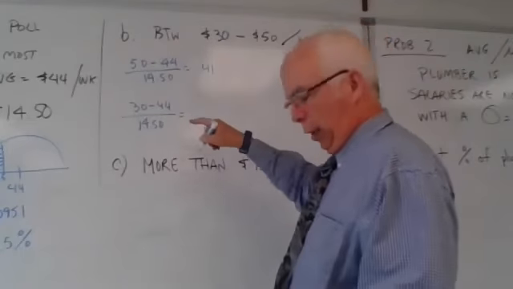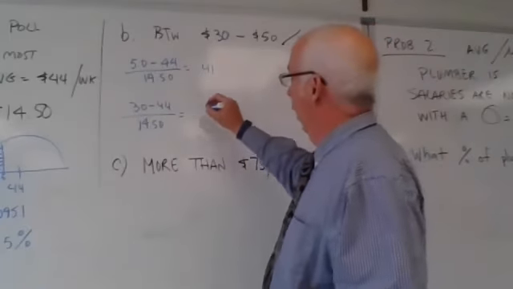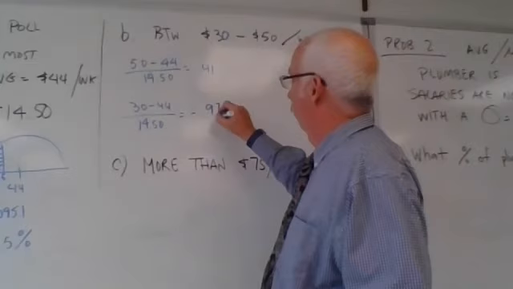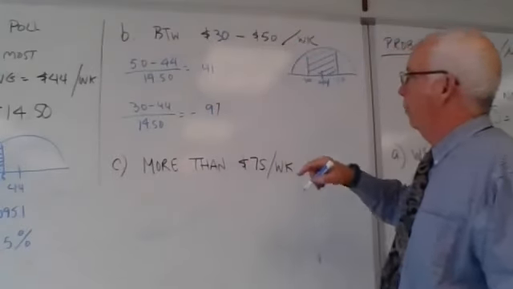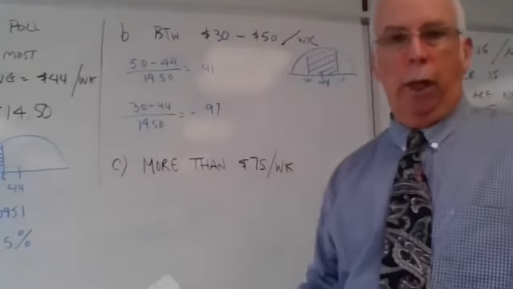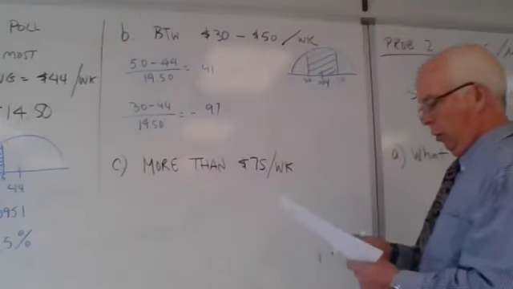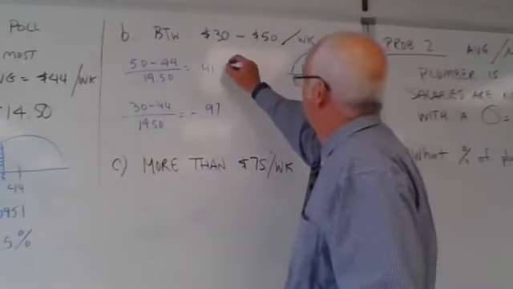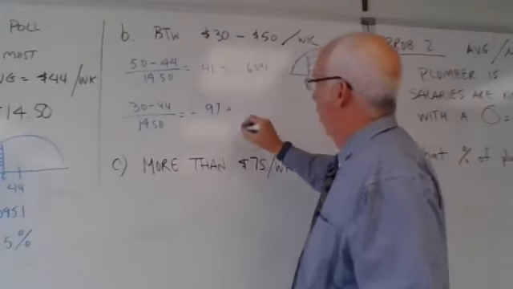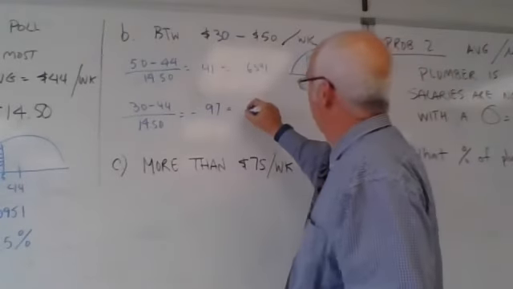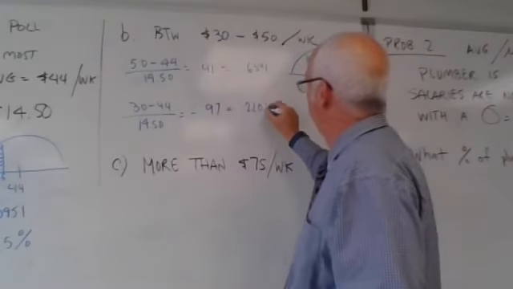For $50, and for $30, we've got a negative 0.97. Don't forget the sign. So we're almost a full standard deviation left of the mean. So then you're going to go to your table. You've seen it. I don't need to show it again. For the 0.41 equals 0.6591, and for the negative 0.97, it's 0.2206.